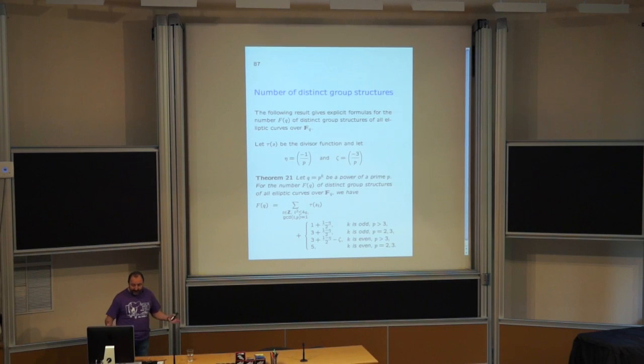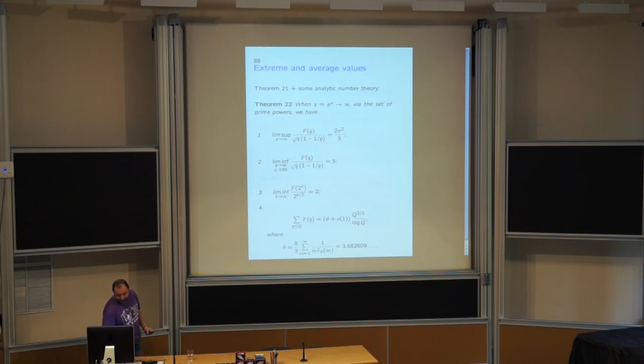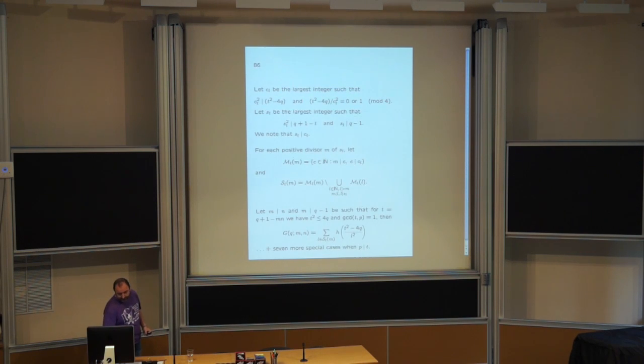And I just tell you that you can get some asymptotic formulas for this. Well, now, the function which would correspond to what we did before would be the function f of q, which just tells you the number of distinct structures which you can get from q. And this function behaves in a reasonably regular way. It's a sum of the divisor function over square divisors of this expression.